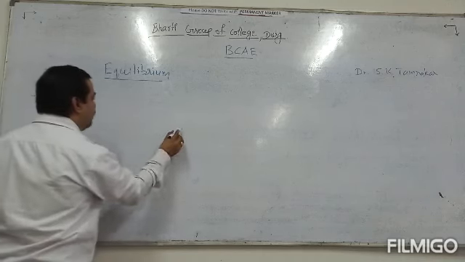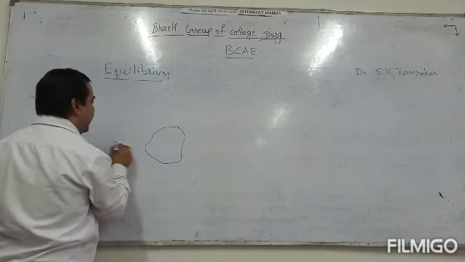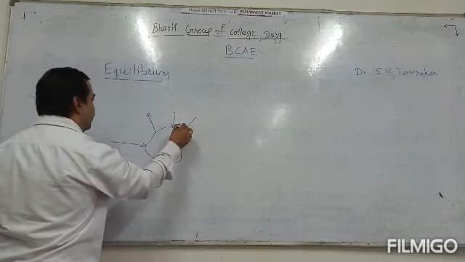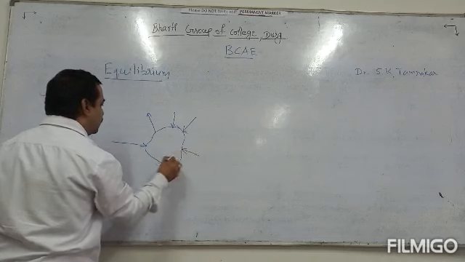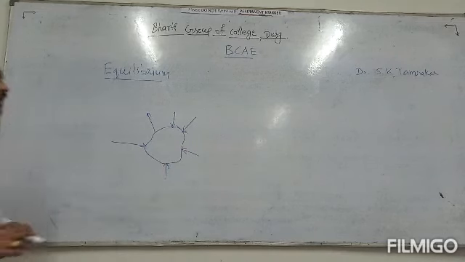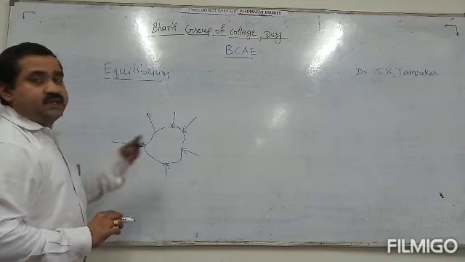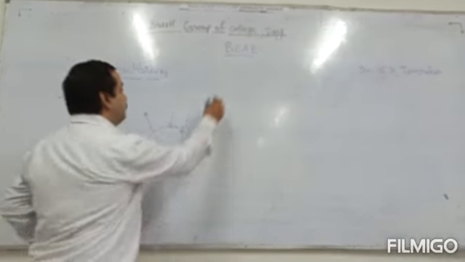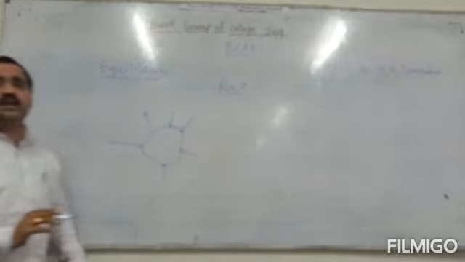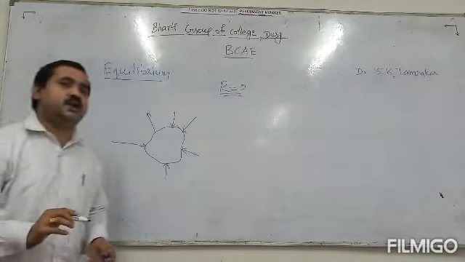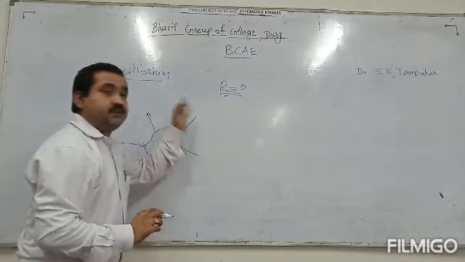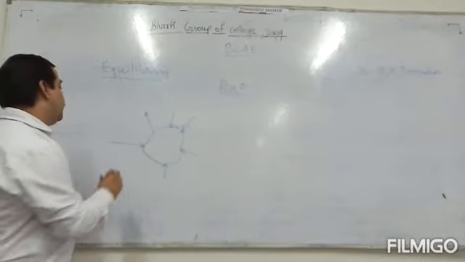Equilibrium. If any body is like this and number of forces are acting on that body, what is the resultant at that time? If the resultant comes 0, then this body is in equilibrium, where the resultant of all these forces is equal to 0.